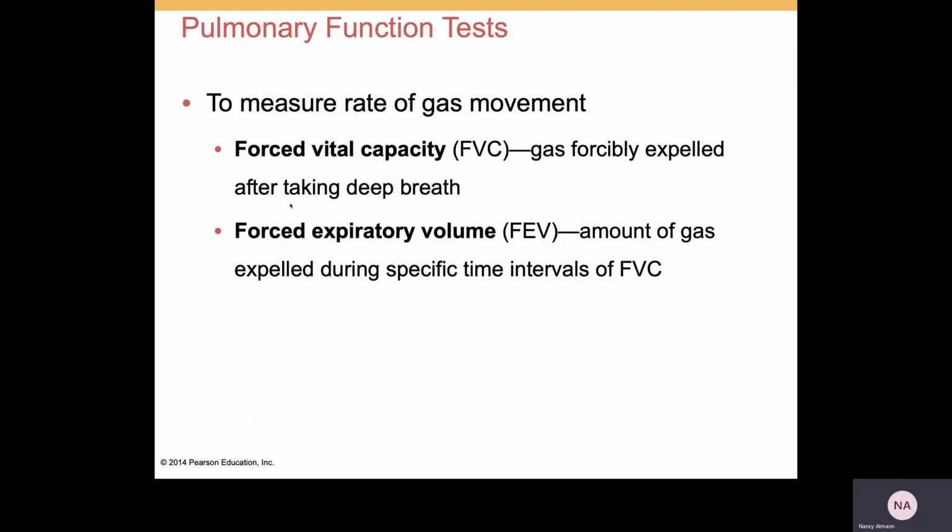To measure the rate of gas movement, you may be checking forced vital capacity, which is going to be the amount of gas that you can forcibly expel after you take the deepest breath you possibly can, and forced expiratory volume, which is the amount of gas that's going to be expelled during a specific time interval.